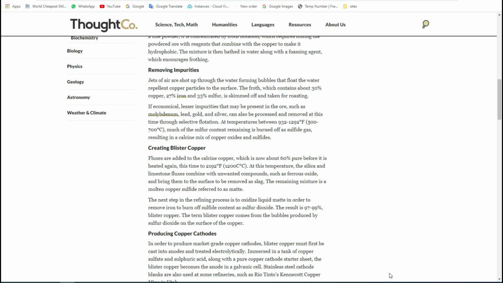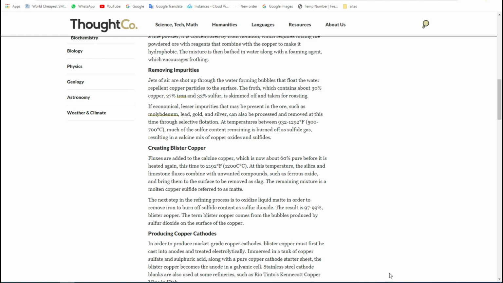Much of the sulfur content remaining is burned off as sulfur dioxide gas, resulting in a calcine mix of copper oxide and sulfides. Fluxes are added to the calcine copper, which is now about 60% pure, before it is heated again, this time to 2192 Fahrenheit.